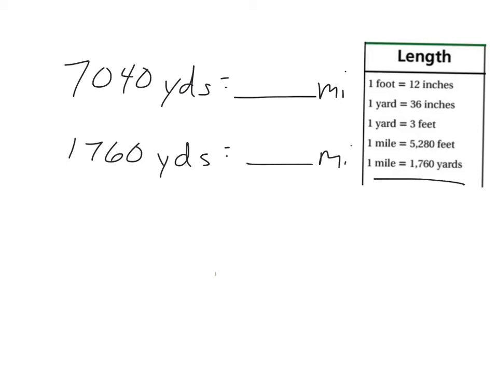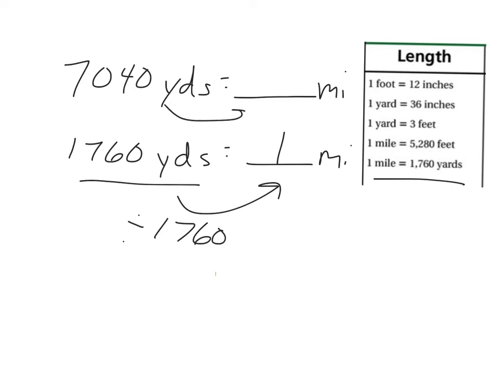Well, I know that's 1 mile. So I can actually figure out how many of those 1,760s it takes. So I can divide. If I want to think about how I get from this over here to this, I can divide 1,760 to get to 1. So in order to figure that out, I can divide this side by 1,760 to find the answer of 4.